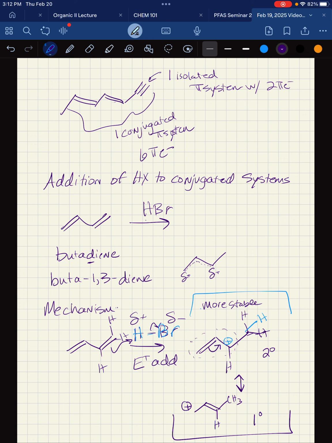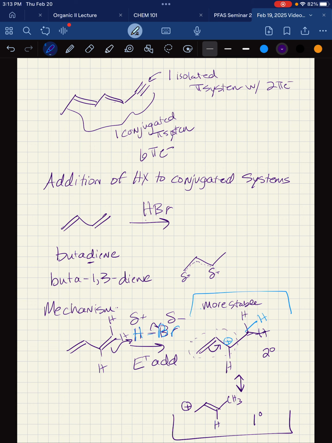So that's going to be favorable for both of them. The question might be asked, which one of these positively charged carbon atoms is the one that the nucleophile is actually going to attack?